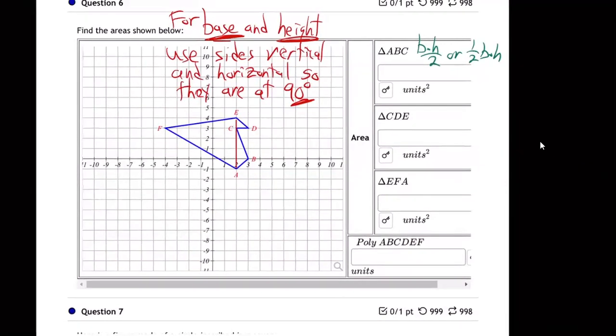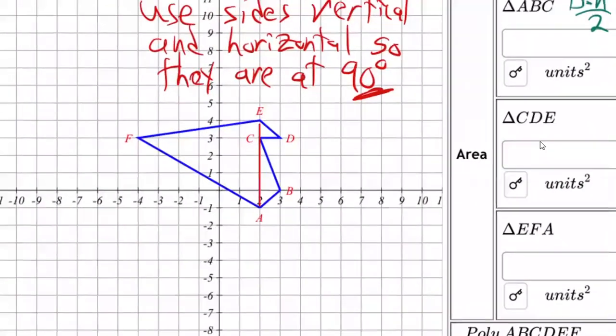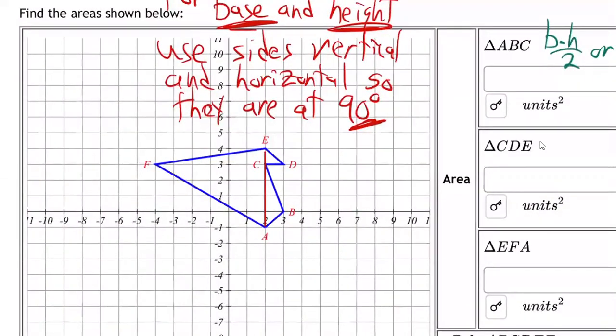So do that. Okay, let me look closer at this triangle here. If I go from here to here, that can be the base of the little triangle ABC, on its side there. And what's the height?